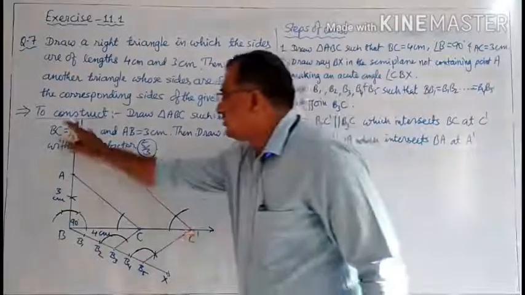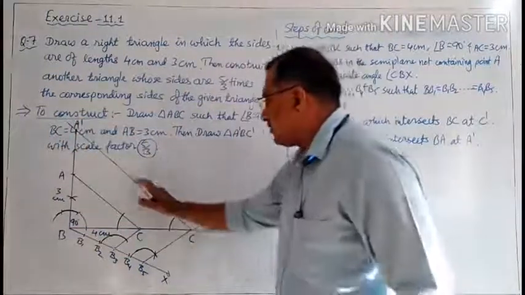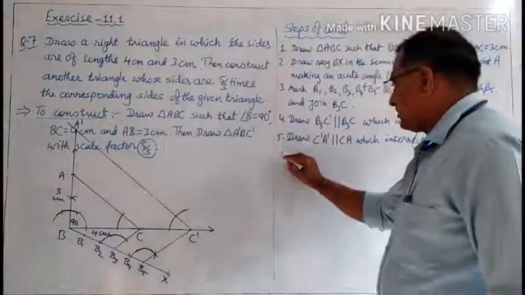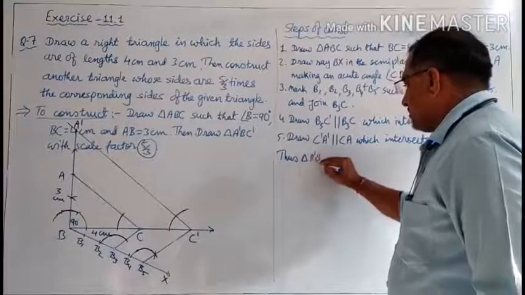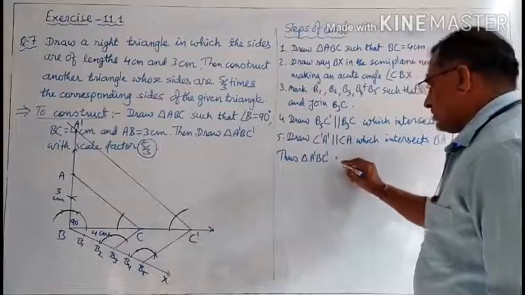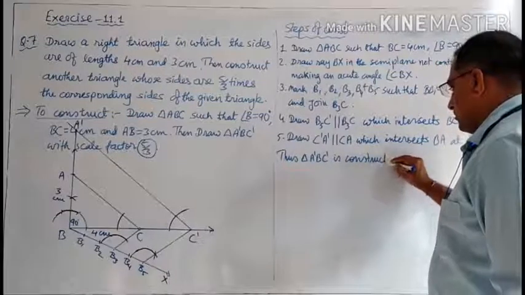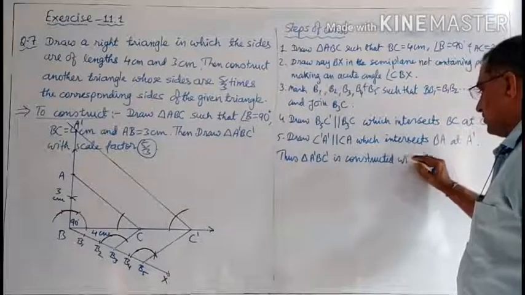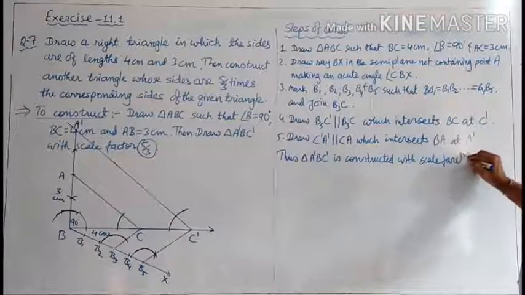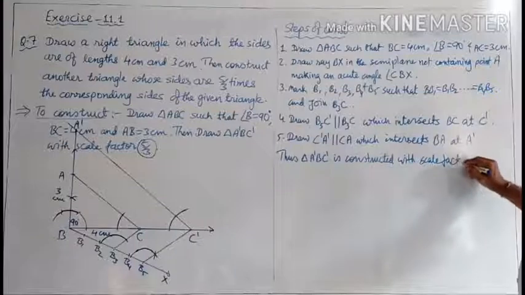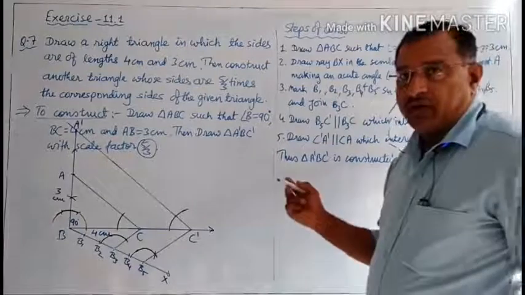So we have drawn the parallel line also, and thus we say triangle A dash B C dash is constructed with scale factor 5/3. So this is how we have constructed.